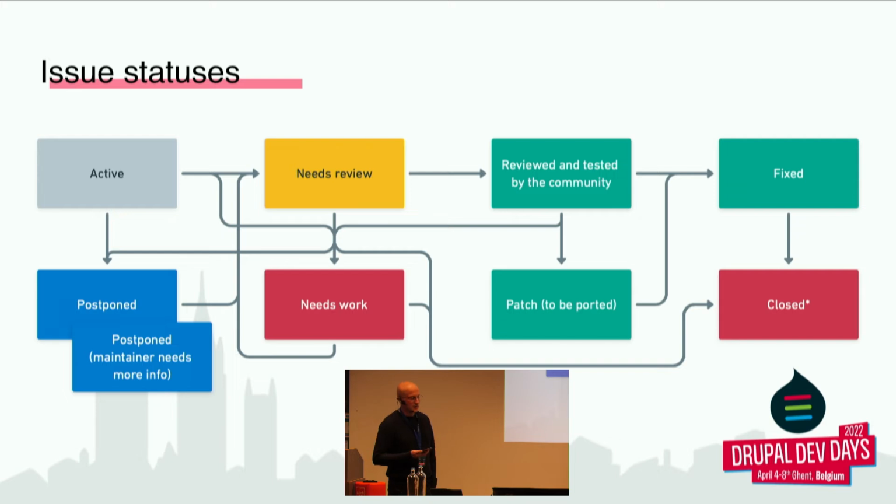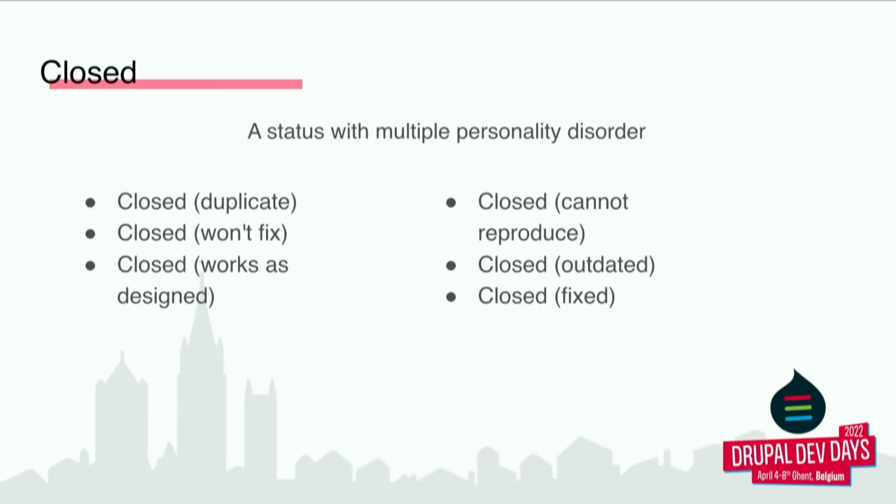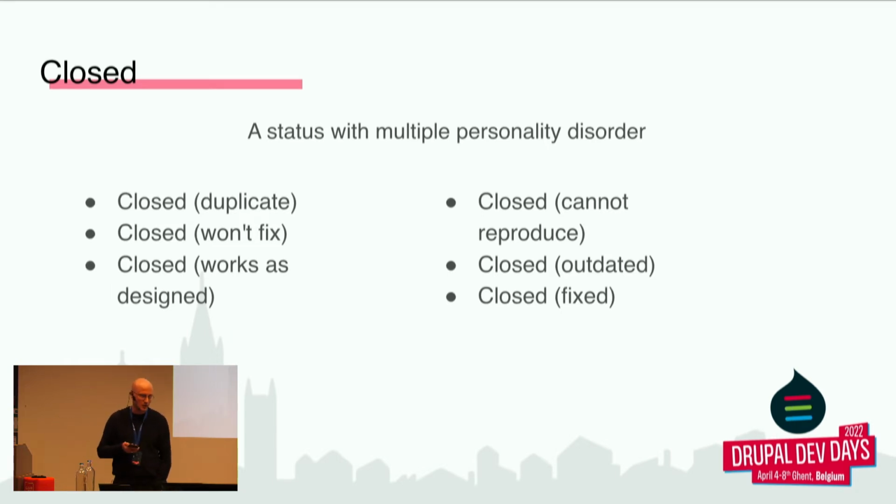Okay, and then there's that mysterious little asterisk there at the closed status, because it's actually a status with a multiple personality disorder. There's not one, there's actually 6 of them. Most are fairly self-explanatory. Duplicate: there's another issue that's basically the same. Cannot reproduce: the issue cannot be reproduced by anyone.